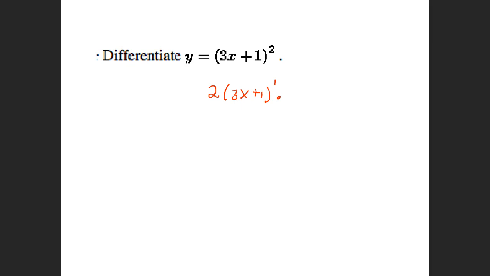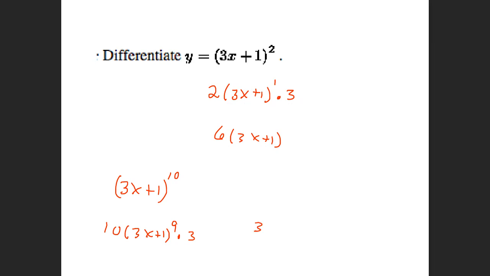Well, the derivative of 3x plus 1 is just 3. So I would rewrite my answer as 6 times 3x plus 1. And that's it. So if I gave you something like 3x plus 1 to the 10th power, I'm going to bring the 10 down, leave the middle alone, to the 9th degree times the derivative of the middle, which is just 3.